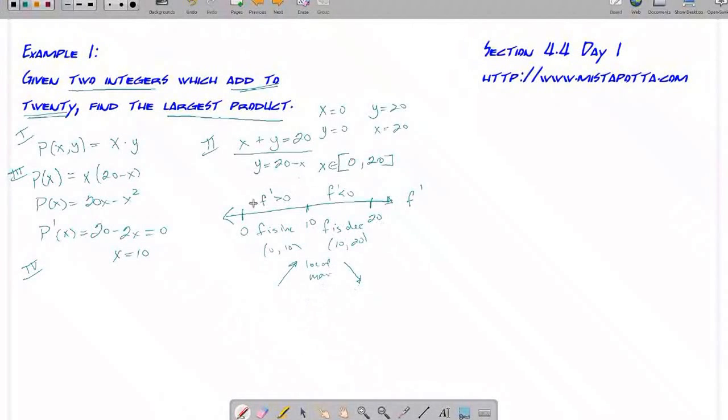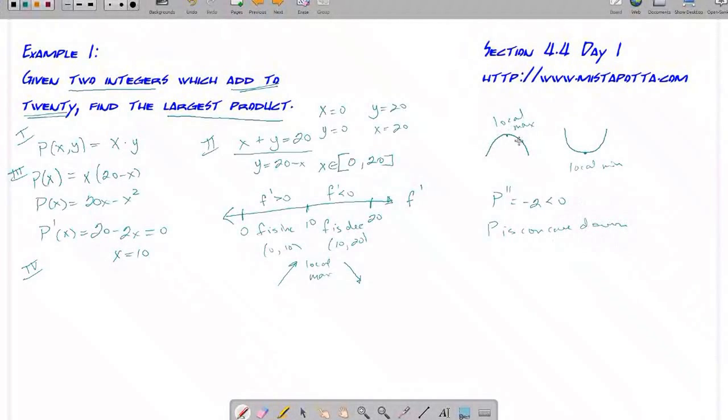Now, let's say I didn't want to use the first derivative. I could also use the second derivative test. Remember that if I can show that I'm concave down at a critical point, then this has to be a local max. And if I'm concave up at a critical point, then this has to be a local min. So looking at my second derivative, it is negative 2, which certainly is less than 0, which means that my function is concave down.